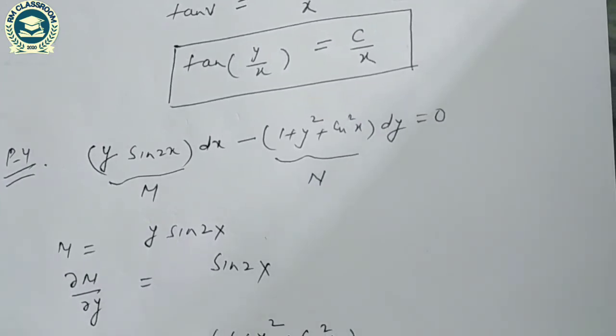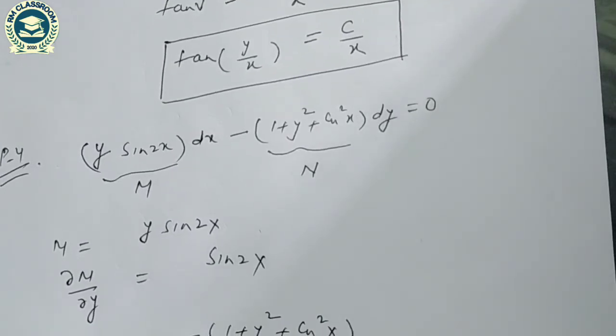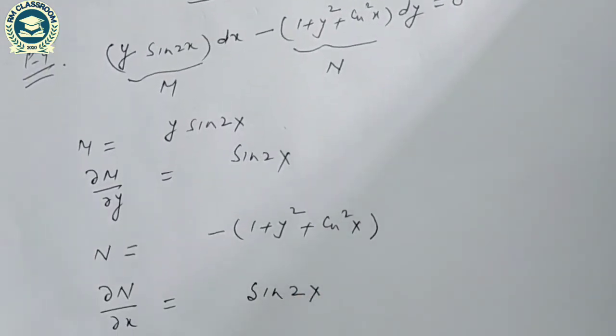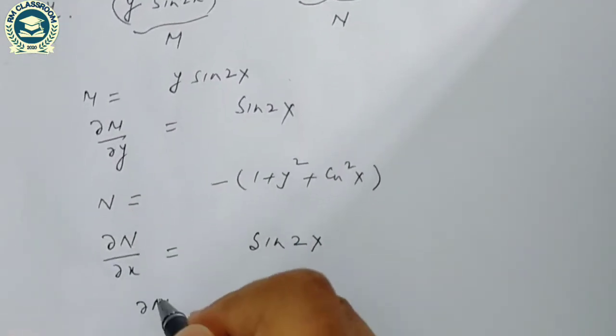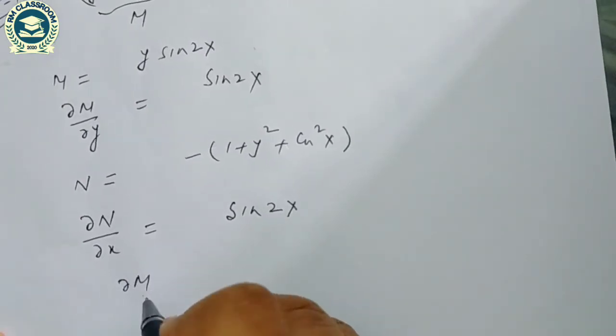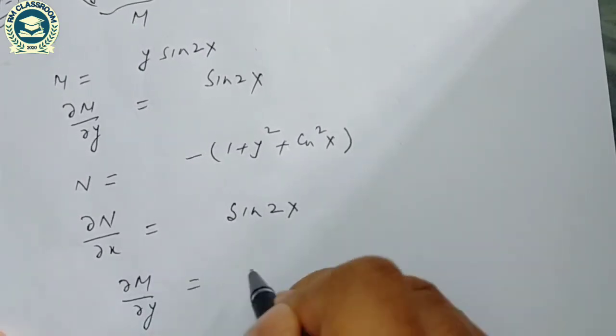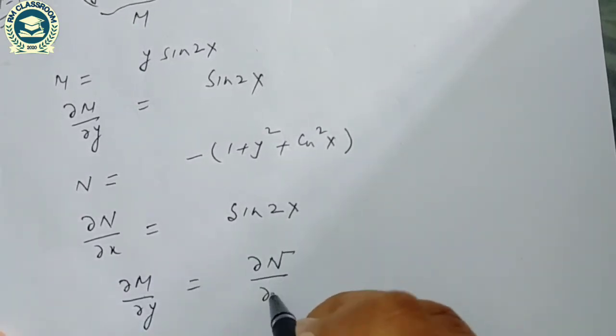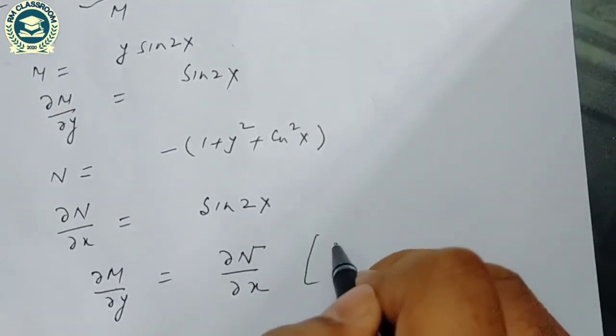So del n by del x: minus 1 gives 0, minus y square gives 0, and minus cos square x gives sin 2x. So here we have seen del m by del y is equal to del n by del x. So this is the type of exact differential equation.